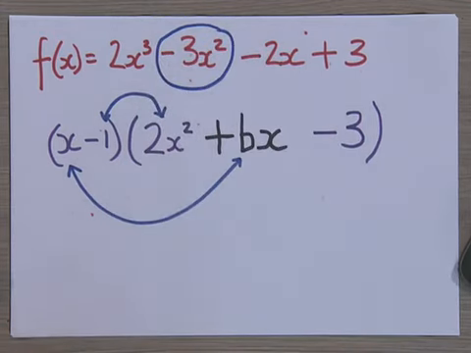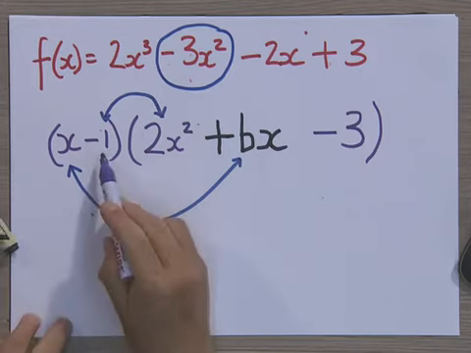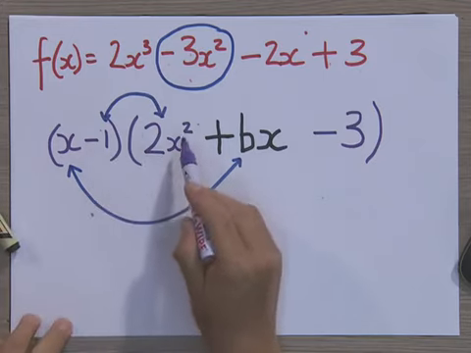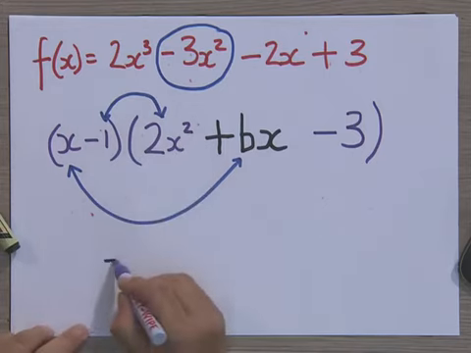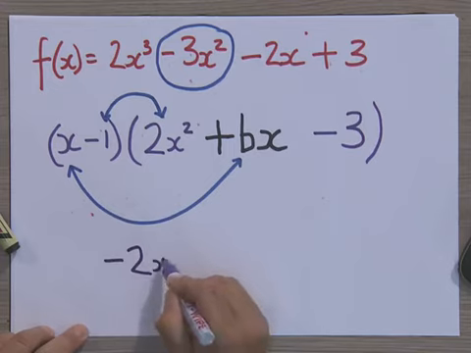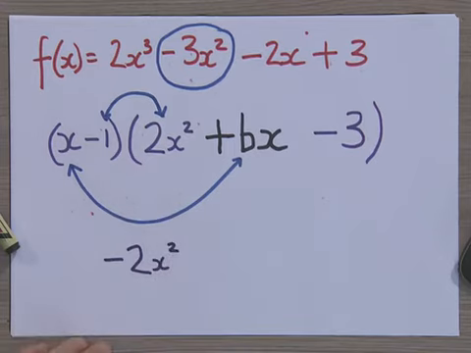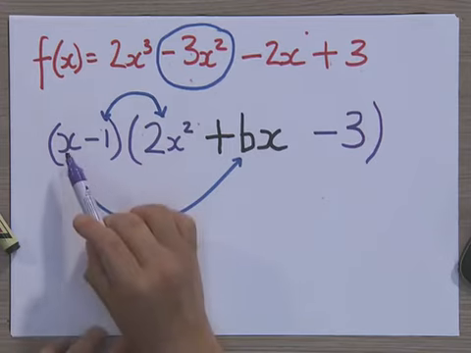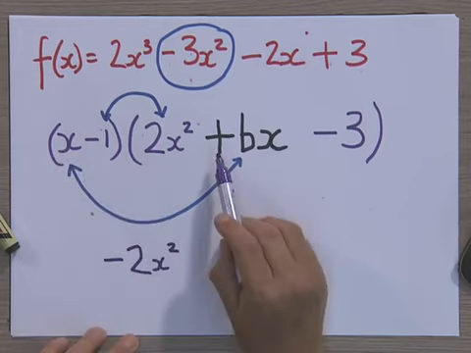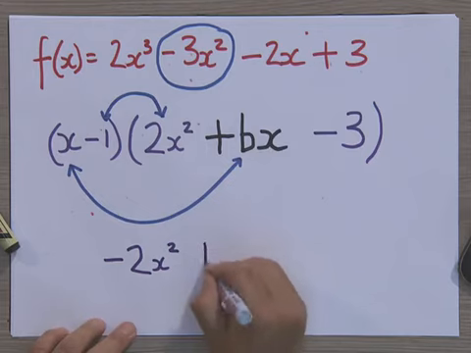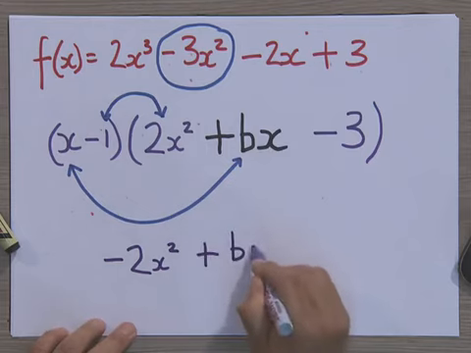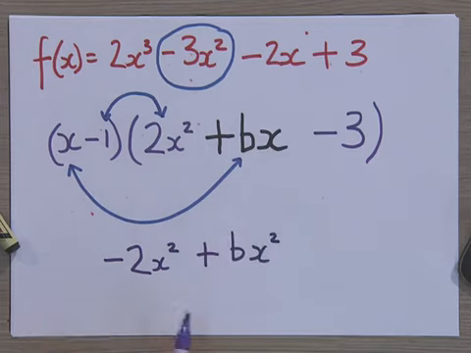Now let me take this nice and slow for you so that you see. Firstly, what is minus 1 multiplied by 2x squared? I can hear you saying it. Yes, it's minus 2x squared. Well done. What is x multiplied by positive bx? You're right. It's plus bx squared.